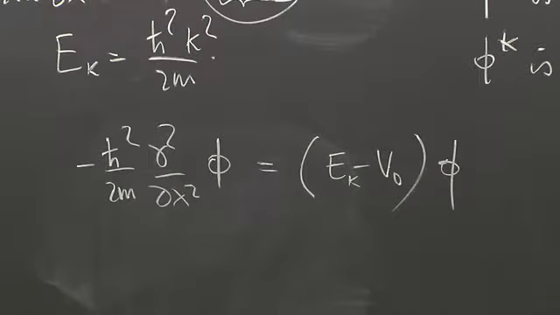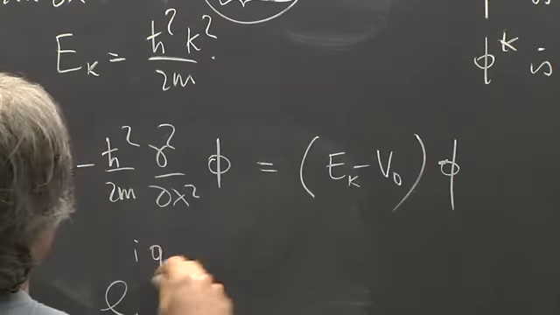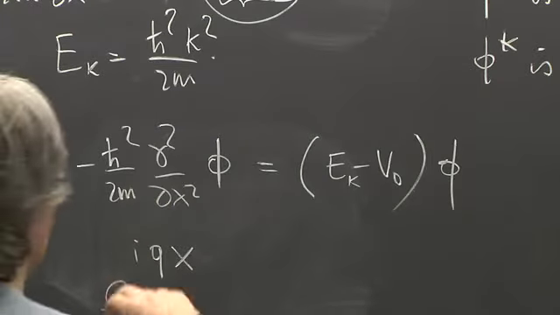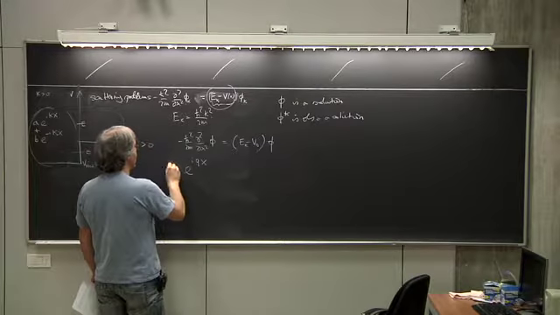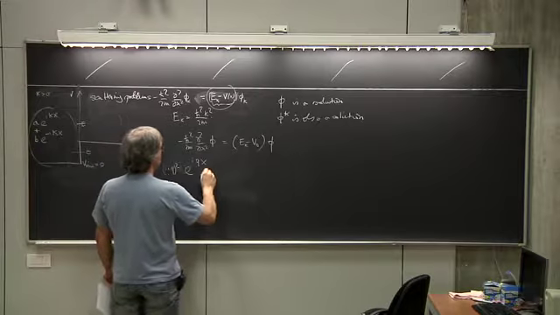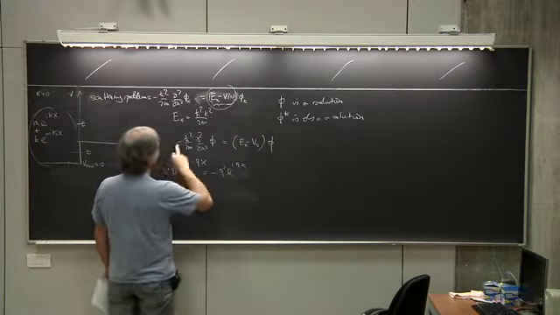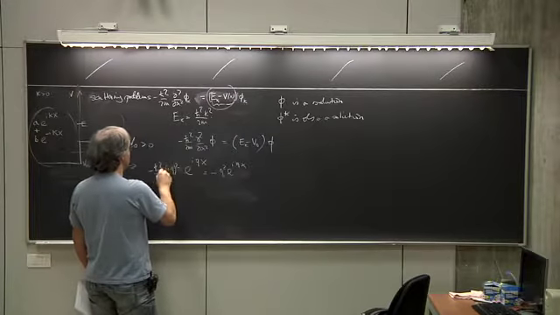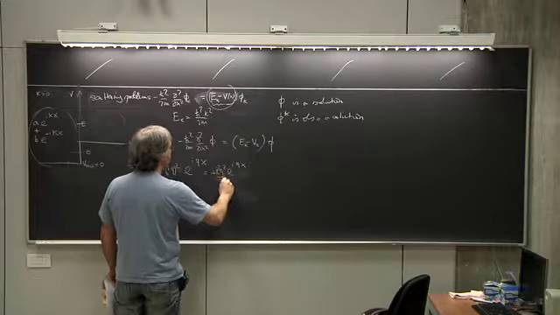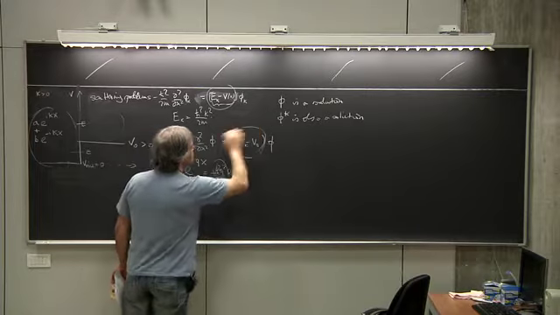With a different momentum, because now, for instance, let us call it q. Take the second derivative of something like e to the iqx. When you take the second derivative, you get i q squared, so this is equal to minus q squared e to the iqx. Then put the minus h bar square over 2m, and this becomes plus h bar square q squared over 2m. You see, this quantity here now should be equal to this.